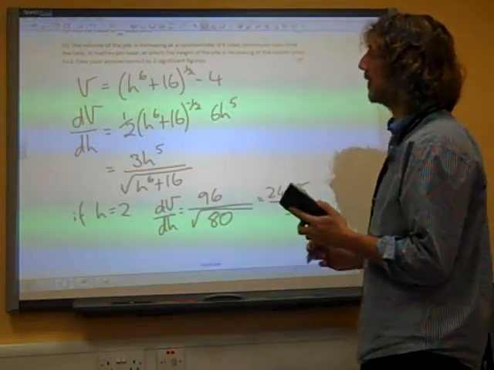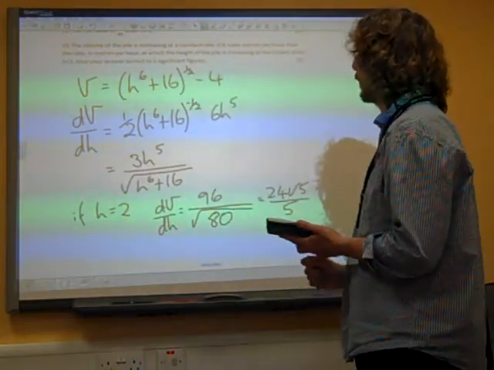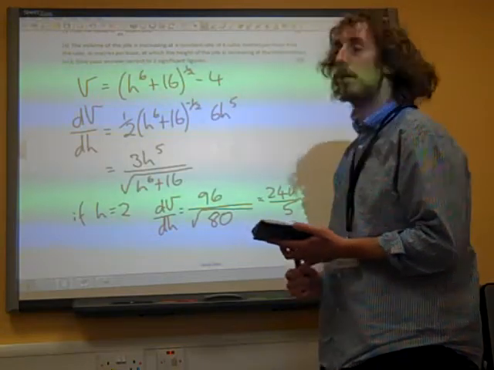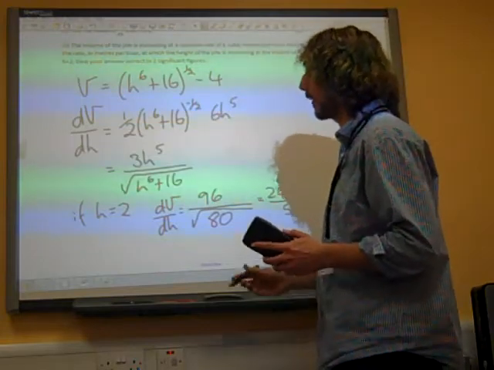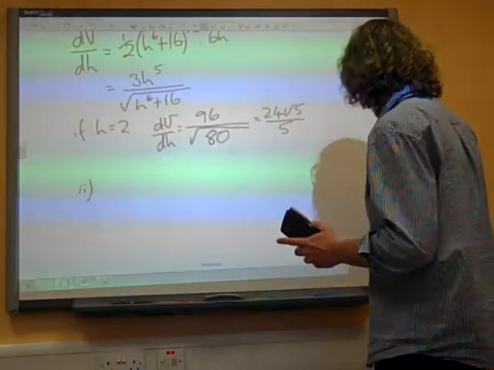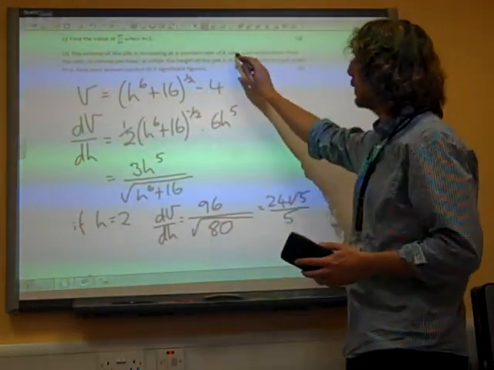5. Okay, now it says the volume of the pile is increasing at a constant rate of 8 cubic meters per hour. Find the rate in meters per hour at which the height of the pile is increasing at the instant when h equals 2. Give your answer correct to 2 significant figures. We're given that the volume is increasing at a rate of 8 cubic meters per hour.